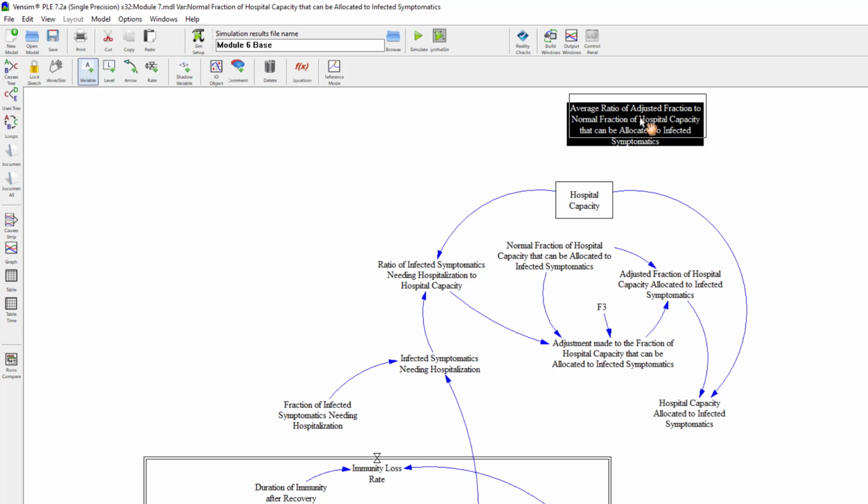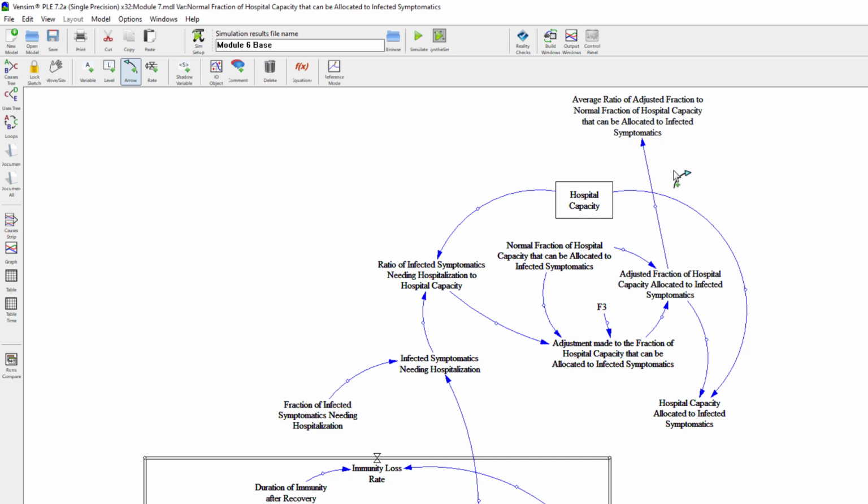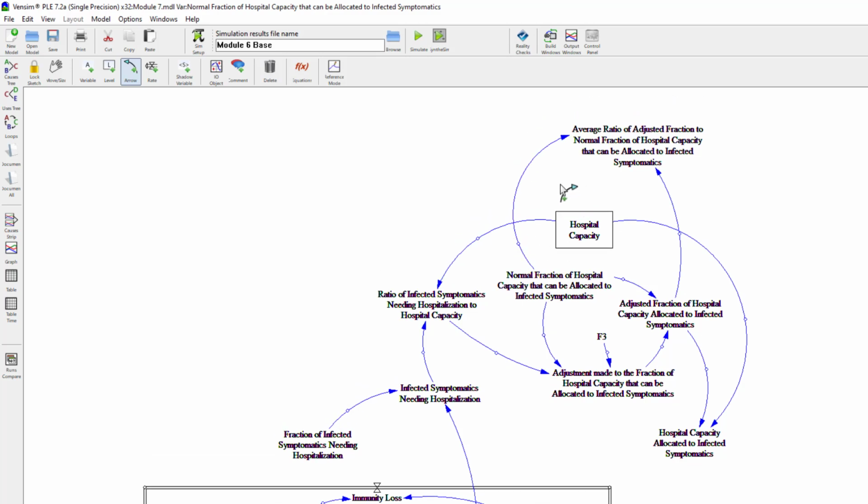Basically, we are comparing this adjusted fraction with a normal fraction, and for the smoothing formula we need a smoothing time. What's the time frame of data that we're going to be looking at? So here we need time to average hospital capacity ratio.